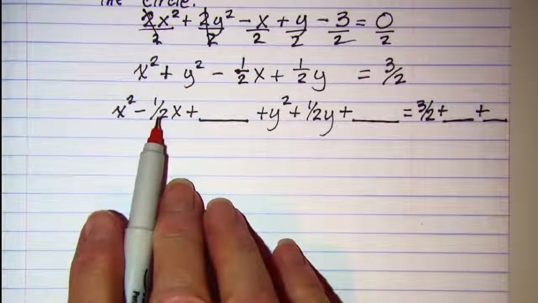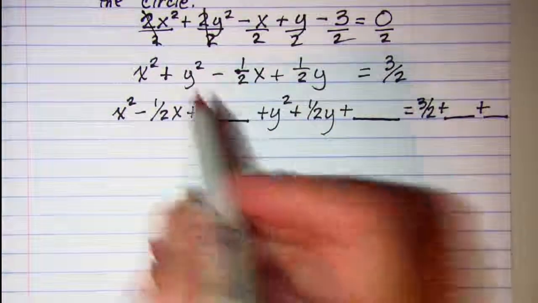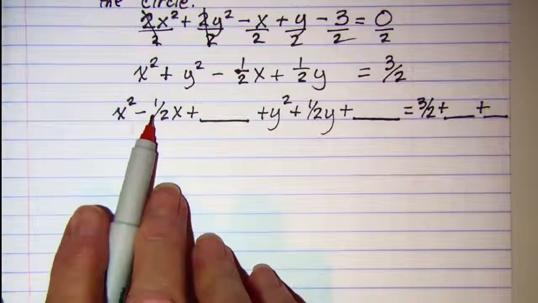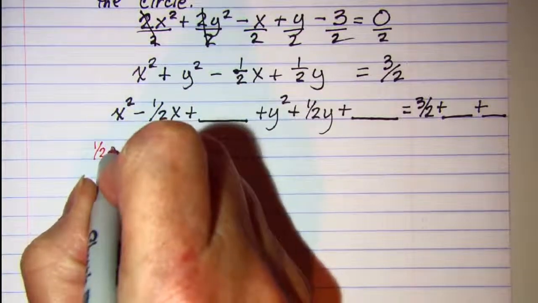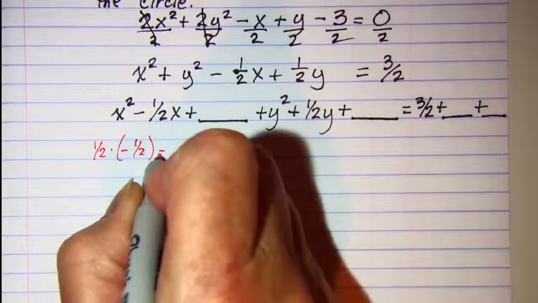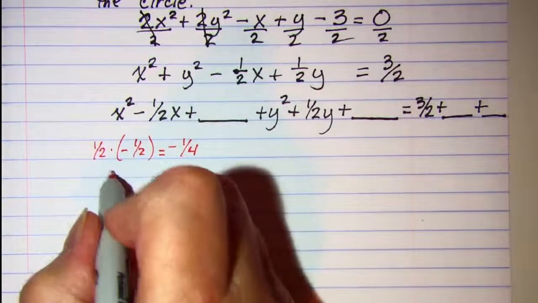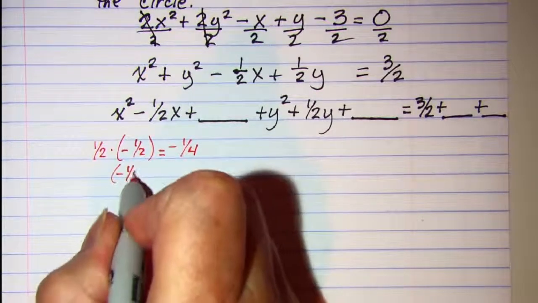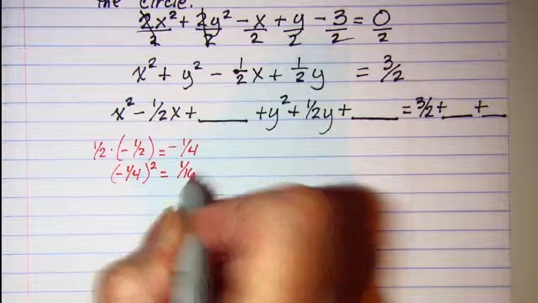All right, for the x completing the square part, I need to take the x coefficient, this number right here, and half it. So I'm going to take 1/2 of a negative 1/2, and I'll get a negative 1/4. And then I'm going to square that answer. So a negative 1/4 squared is 1/16.